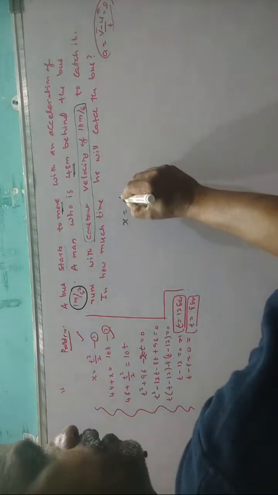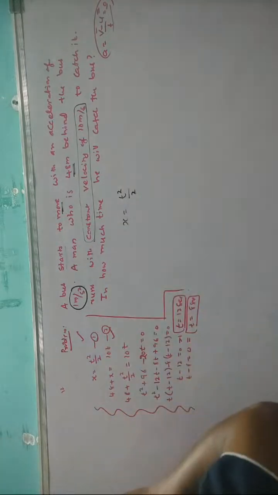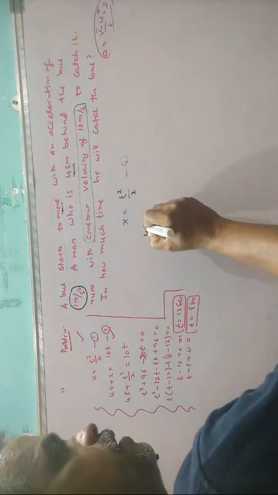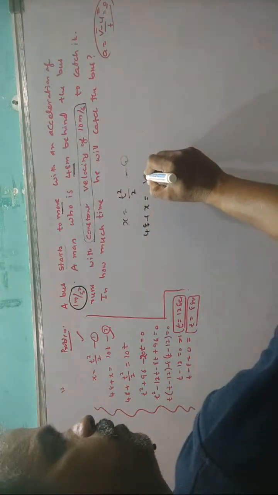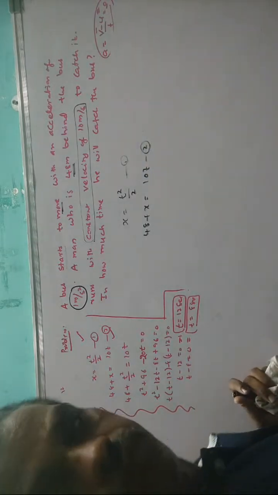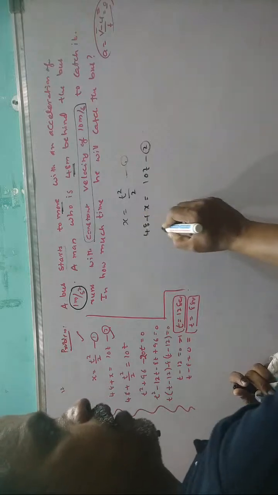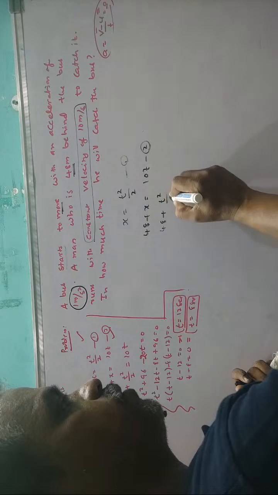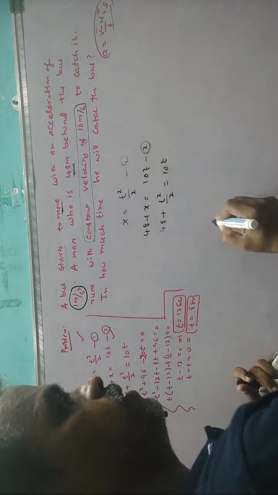x equals t squared by 2. This is equation 1. 48 plus x equals 10t. This is equation 2. Okay, now substituting here: 48 plus t squared by 2 equals 10t.